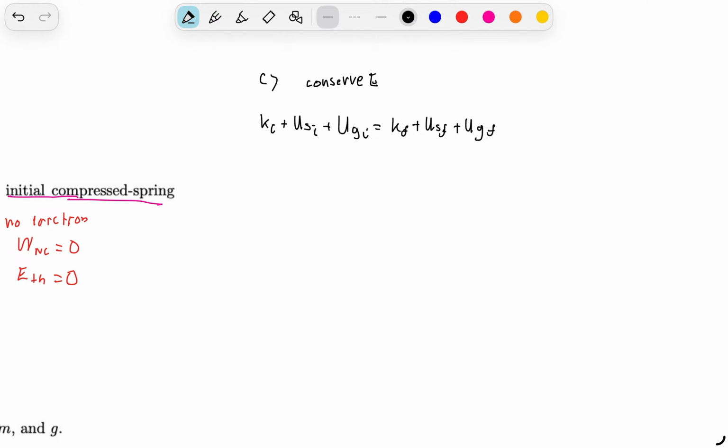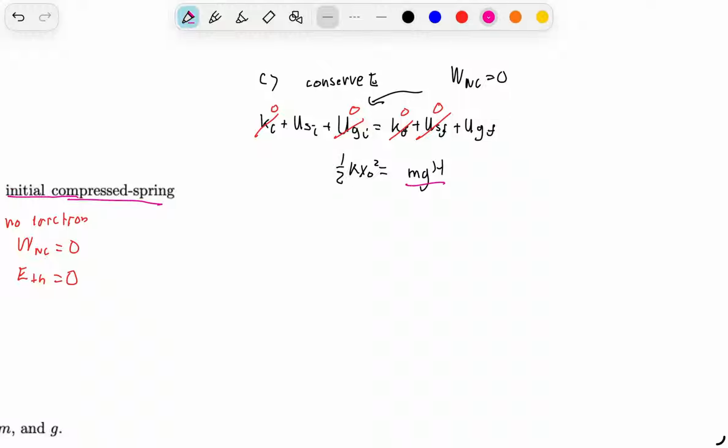Because we have conservation of energy, we have no work by non-conservative forces, so you don't have to add it to this side and subtract it from your total. This is equal to 0, this is 0, this is also 0, and this is 0. So you're just going to have this.